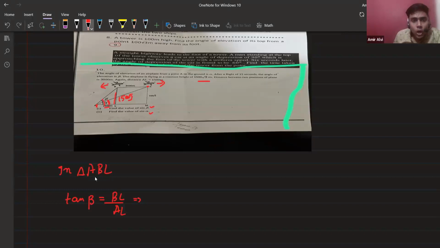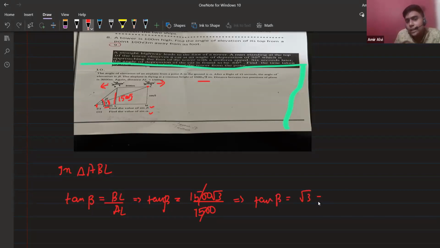So now BL is 1500 √3 and AL is 1500. The 1500 will cancel out, and tan beta will be √3. Can I write √3 as tan 60 degree?